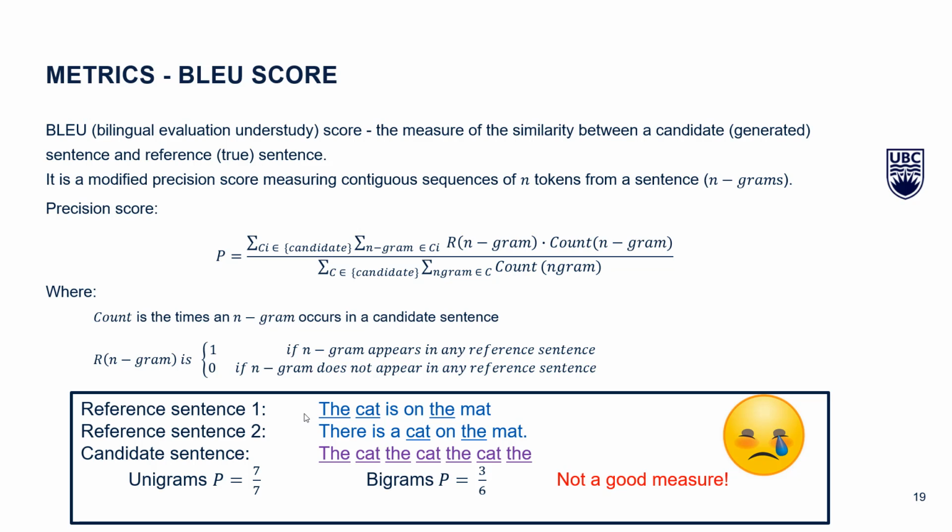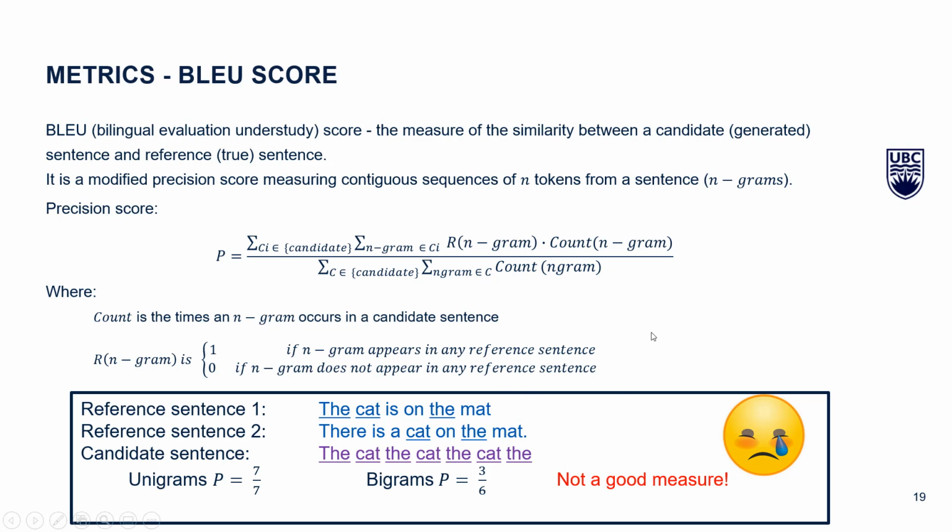Right there, you can start to see this isn't a good measure. Now let's look at the bigrams. So the cat appears in that first reference sentence, but cat the doesn't appear anywhere. So we have 3 out of 6, so 50%. Again, this isn't a great candidate sentence. So neither of these scores seem to be a good measure.